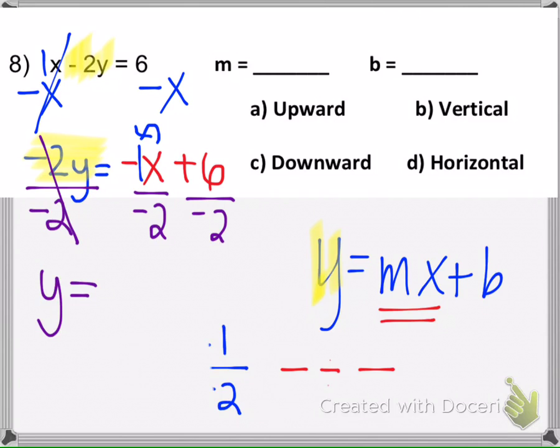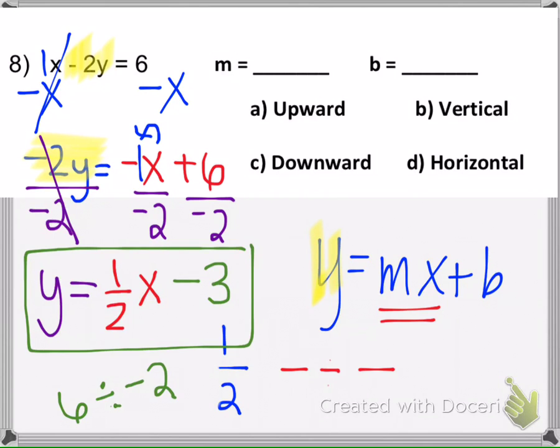So these are going to make positive. And then 2 can't go into 1 evenly, so we're going to leave it as 1/2. Bring down the x. And then we have +6 divided by -2, which is -3. So we have the y by itself.